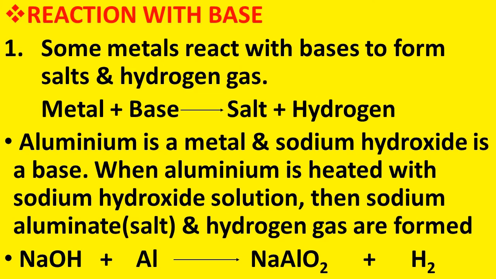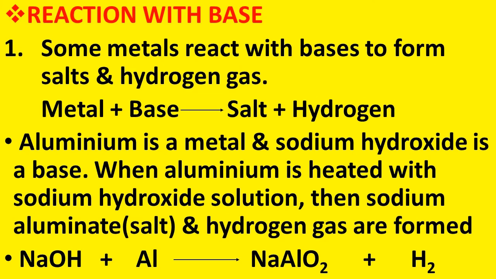So the chemical equation representing this reaction is NaOH plus Al gives NaAlO2 plus H2. Here, as you know, NaOH represents the chemical formula of sodium hydroxide. Al is the symbol of aluminium. And what is the formula of sodium aluminate?